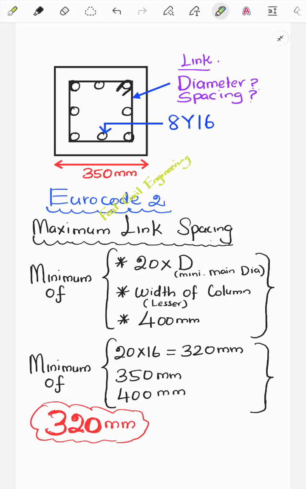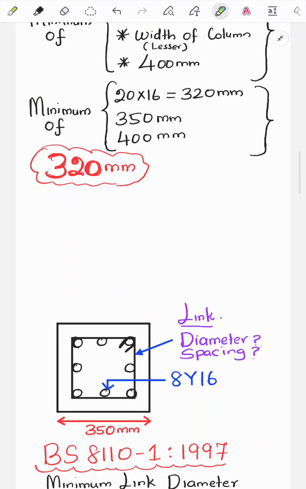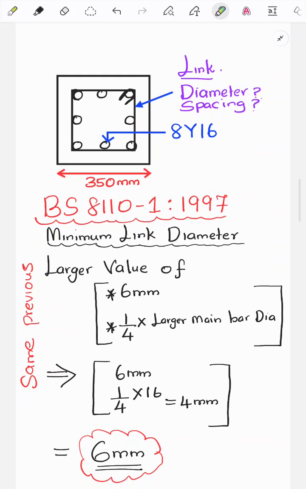Number 3, 400 mm. Comparing 320, 350 and 400, the smallest is 320 mm. So Eurocode 2 gives us the maximum link spacing of 320 mm.